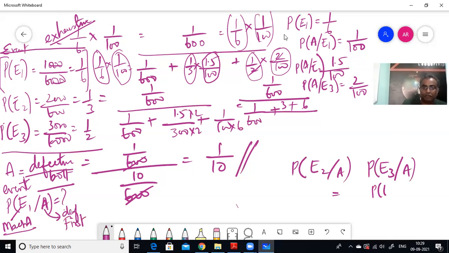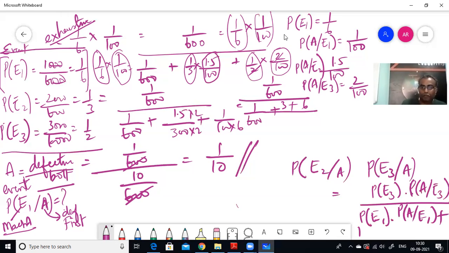P of E3 into P of A given E3, divided by P of E1 into P of A given E1 plus P of E2 into P of A given E2 plus P of E3 into P of A given E3. That's all. Only the numerator will change. You understand?